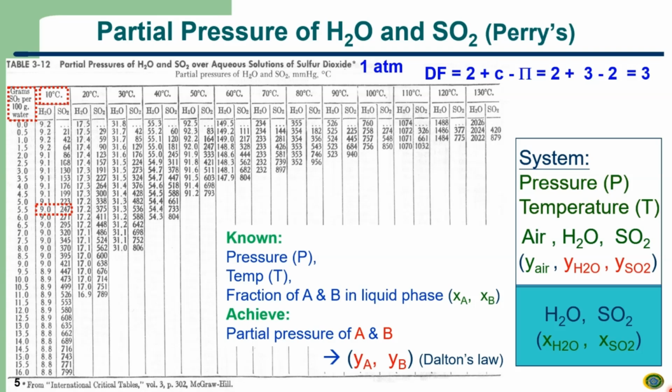So this is an example showing you that originally you have 5 unknowns in this system, and if you know the temperature and the pressure, with this table you'll be able to find out another 3 unknowns.